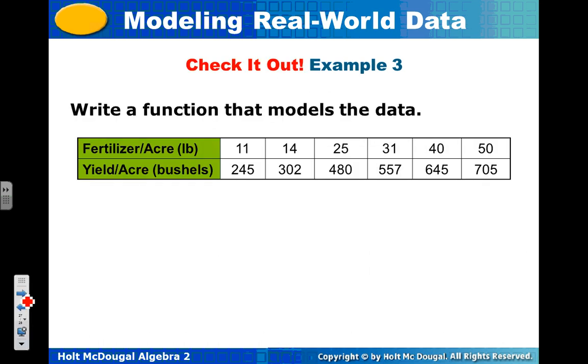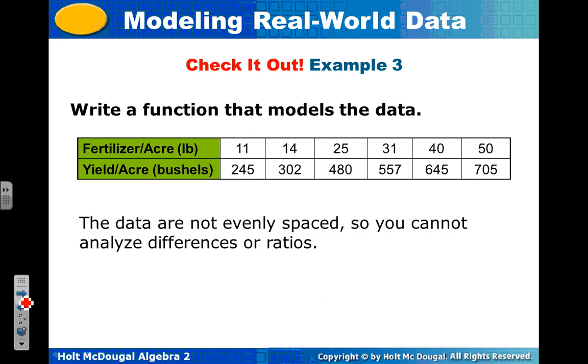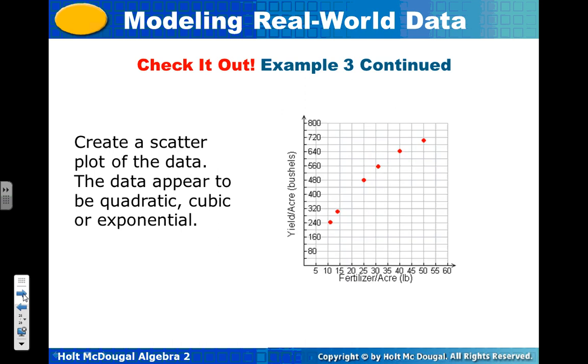Again, we didn't subtract. So if you look at the next example, the x's go up by 3, then by 11, then by 6, then by 9. So there's no pattern there. There's no pattern at the bottom. So we're going to have to make a scatter plot. Okay? On these, when you make a scatter plot, it's either quadratic, cubic, or exponential.